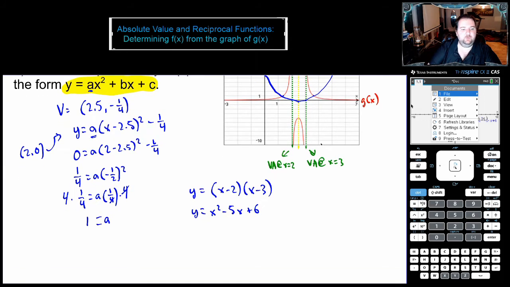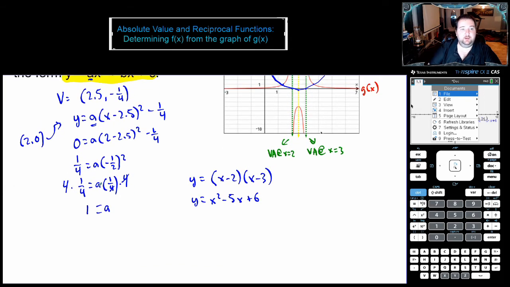Now, one thing to note, if you wanted to continue on with this one, you could have, right? You could have input the 1, and then x minus 2.5 squared minus 1/4. And you could have done this, right? Let's complete this. So we have x minus 2.5 times x minus 2.5 minus 1/4.